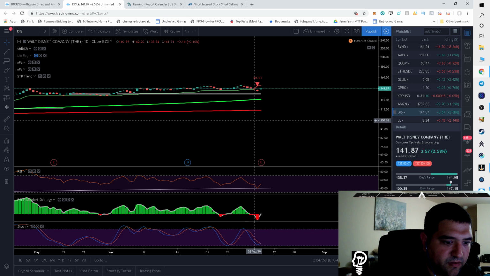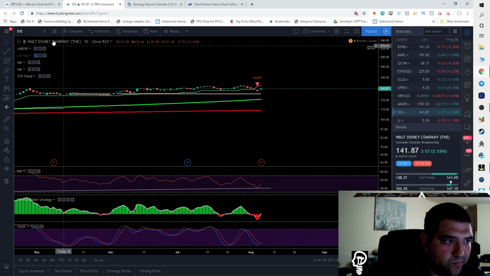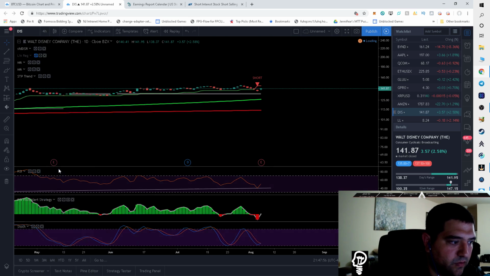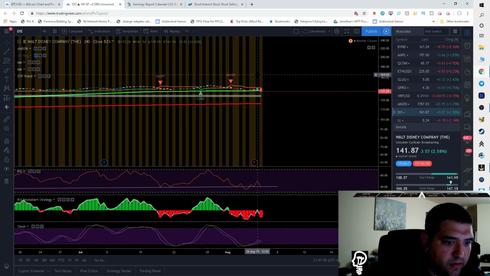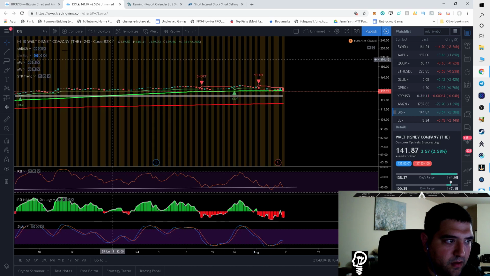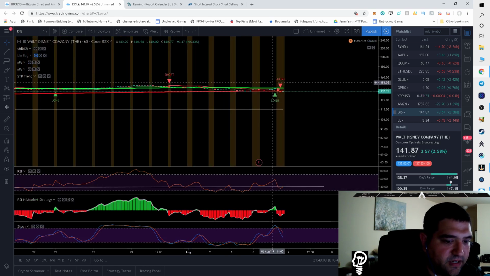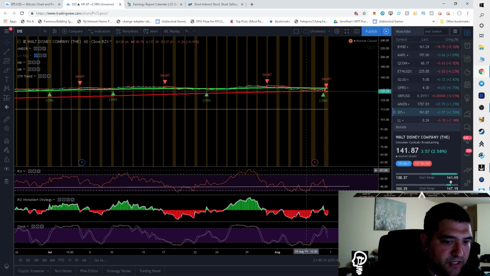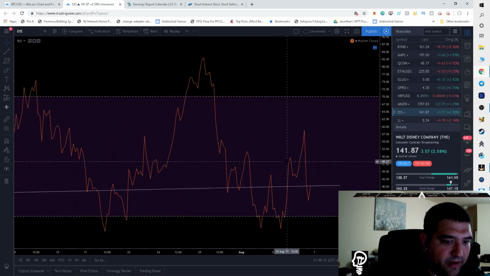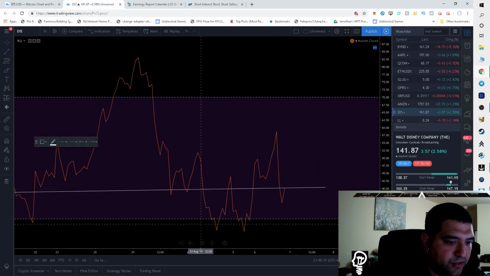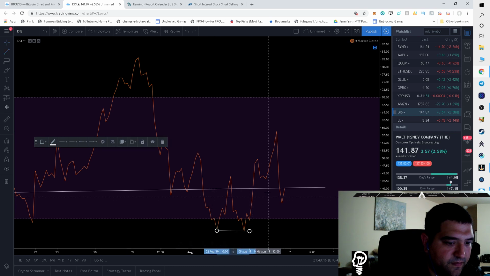I feel like all this data just happened. Let's go 4 hour. I would have never played Disney because it's too pricey. But look, we do actually have bullish divergence here, ever so slight.